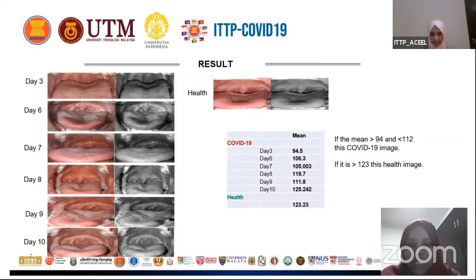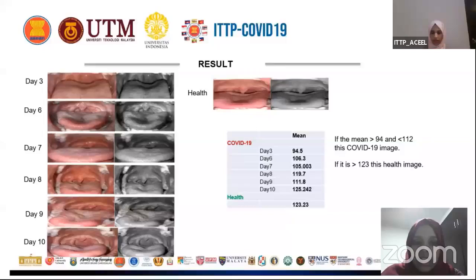From the result, we can also notice that on day 10, the mean of the data is almost the same or close to the healthy image, which means that by day 10 the patient had almost healed from COVID-19.